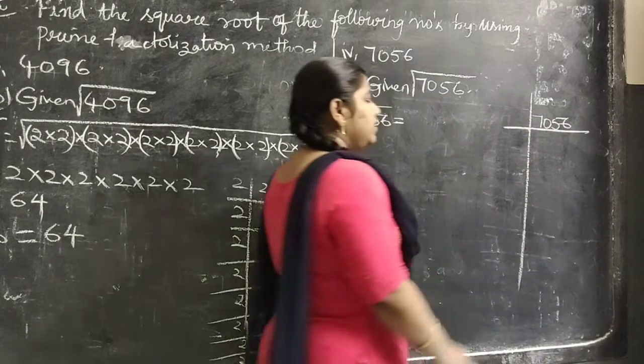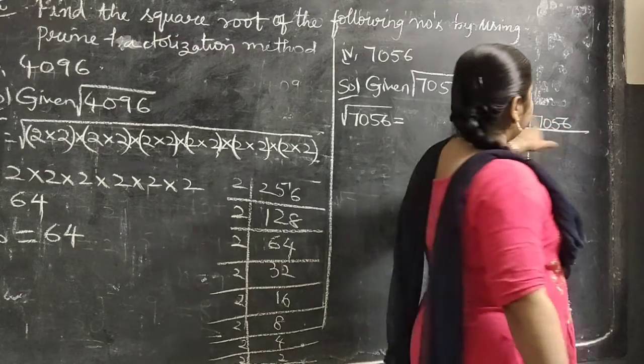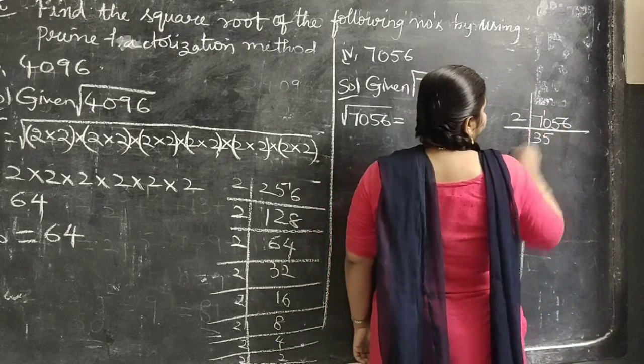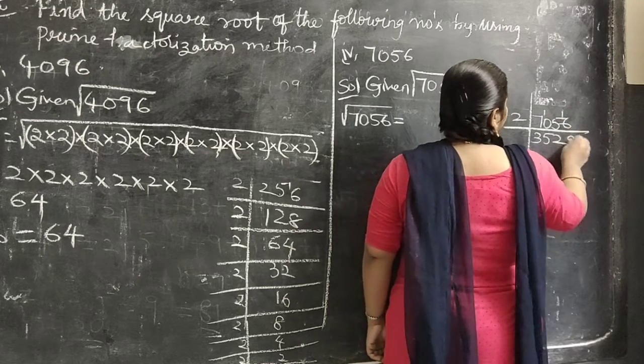So last digit 6 is an even number, so take 2 table here. 2 3s are 6, 2 5s are 10, 2 2s are 4, 2 8s are 16.